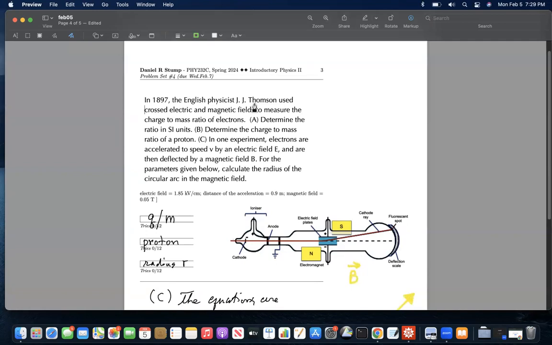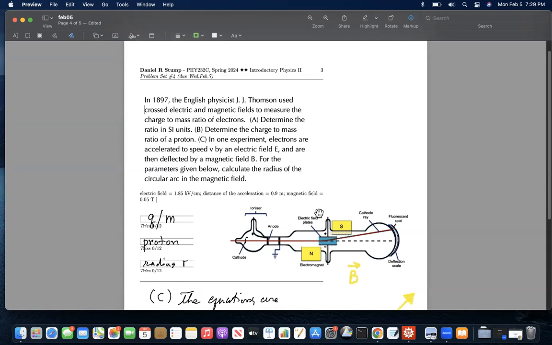Now, J.J. Thomson's apparatus is sort of sketched here. It had a cathode and an anode to accelerate the cathode rays. Cathode rays are just electrons. A cathode ray is just a stream of electrons. And the electrons would be repelled from the cathode, attracted to the anode, so they would come out with some velocity.